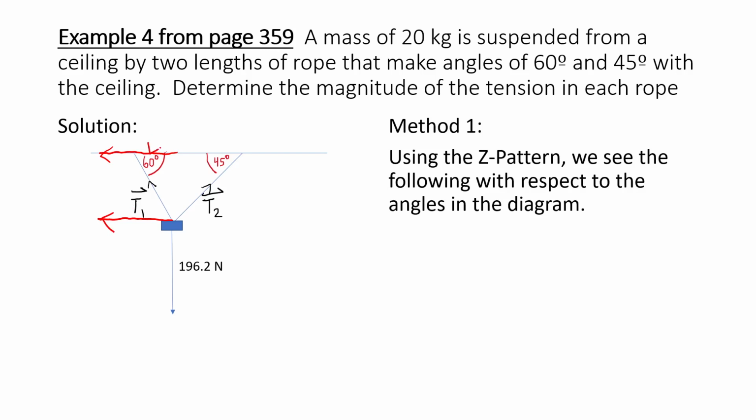Well, we've got a 60-degree angle here. That means we also have a 60-degree angle here. Now, by the way, this is, like it says, method 1. We're going to do method 2 where we use the components in a bit. But first of all, we'll do it without the components.